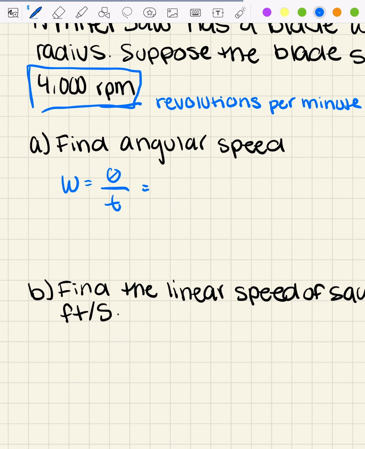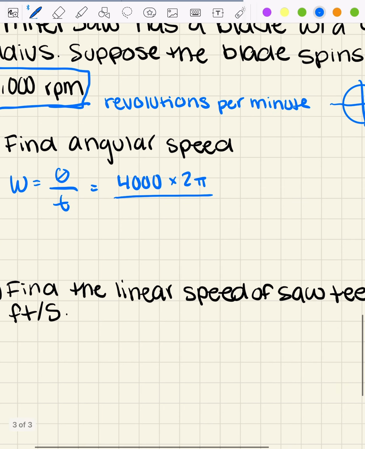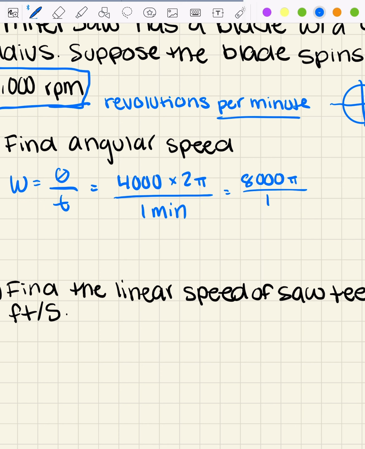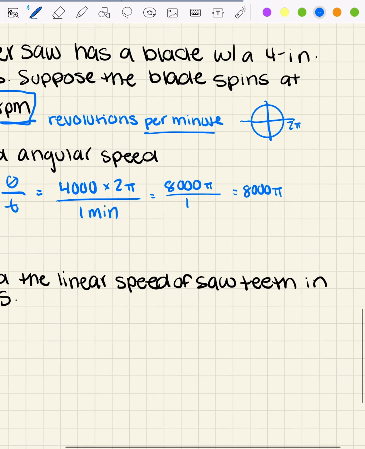So we take that 4,000, and since it's 4,000 revolutions, that means it's 4,000 times 2 pi, because 2 pi is a single revolution, all over time, which in this case is our per minute. So that's just 1 minute, which is easy. It's just 1. So this is 8,000 pi over 1. So it's just 8,000 pi. So that's the answer to part A.